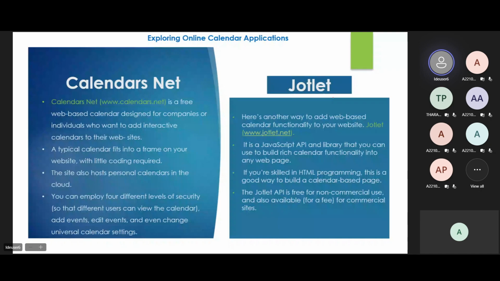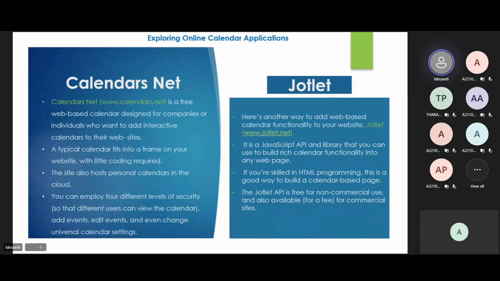And then this site also hosts personal calendars in the cloud, and you can also employ 4 different levels of security here. In the earlier calendar we had seen, Yahoo Calendar, there was no sharing, only view and edit permission.